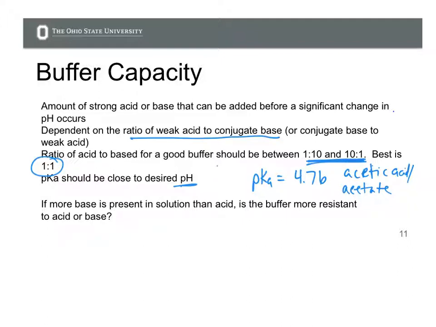And part of this has to do with the ratios that you're going to need for acid to base. If you put more acetate ion, more weak base in solution, your pH is going to be more basic. Okay? And if more base is present in solution than the acid, would you expect the buffer to be more resistant to strong acid or more resistant to strong base?